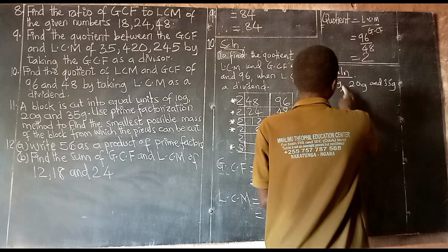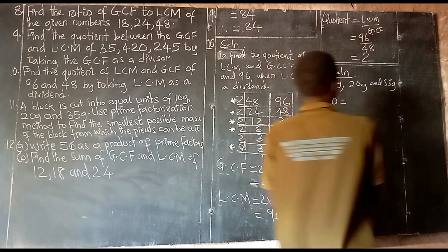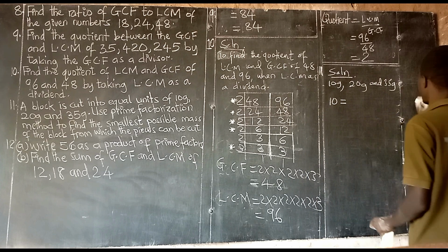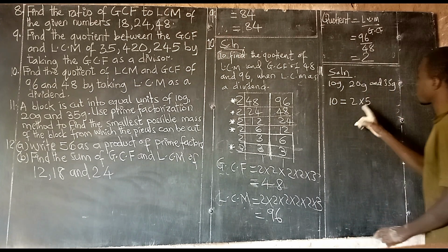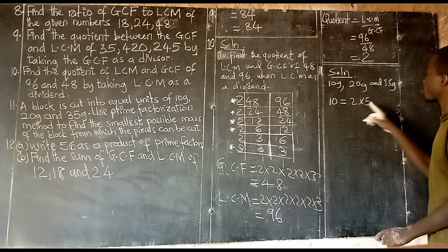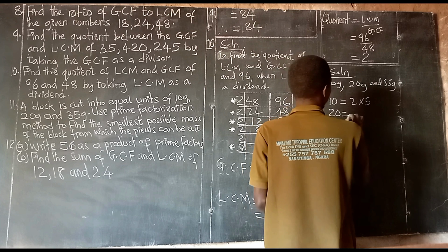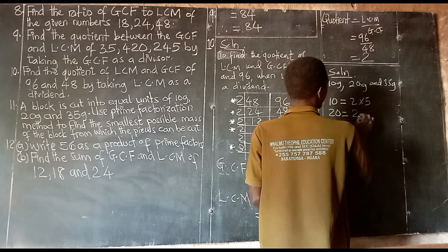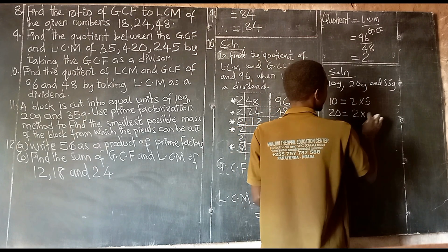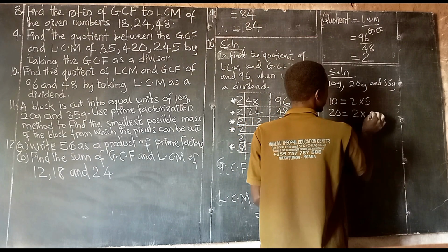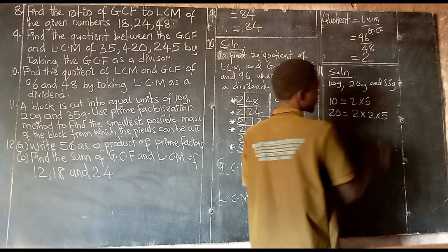Let us start with the 10. 10 is written as the product of the following prime factors: 10 is equal to 2 times 5, and all of these are prime factors. 20 is 2 times 10, and 10 is 2 times 5, so it is 2 times 2 times 5. As you can see, 2 times 2, 4 times 5, we get 20.